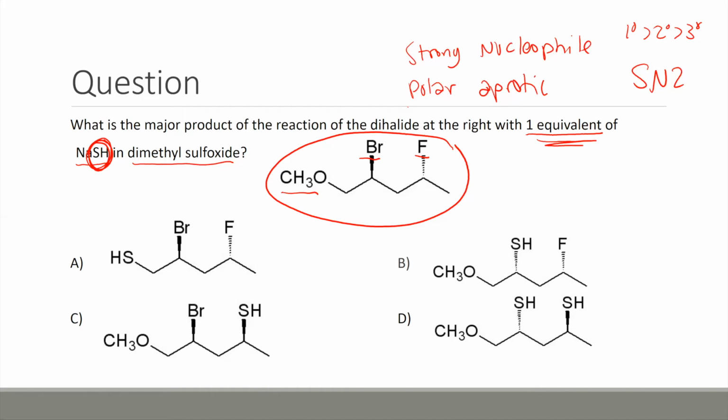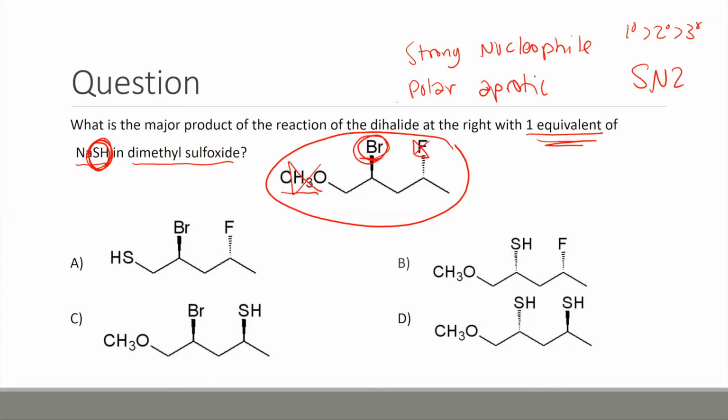Now, if you remember in the electrophile groups, things that act as better acids that are large are going to also act as our better electrophiles. In this case, fluorine does not act as a good electrophile, and neither does CH3O, this group here, leaving us with bromine as our better electrophile.